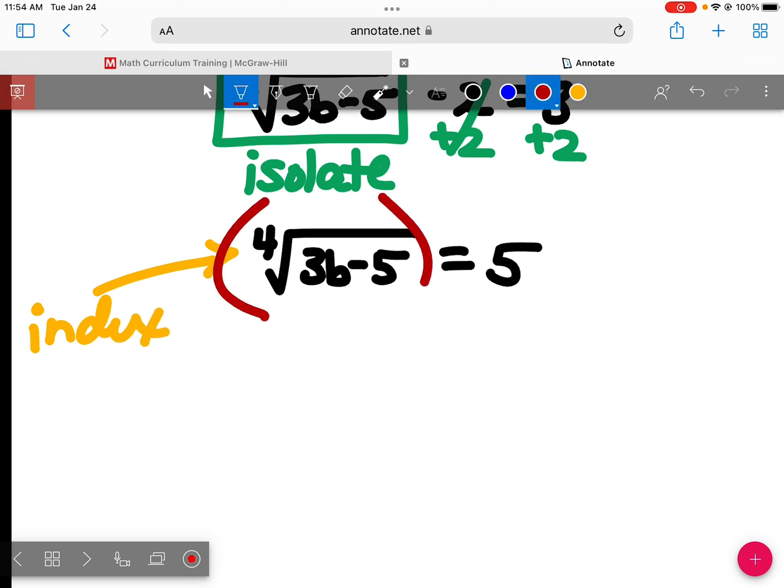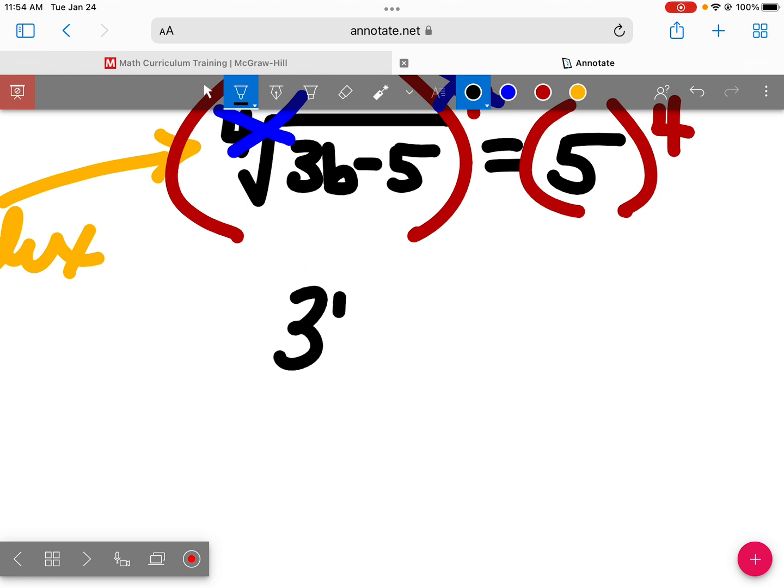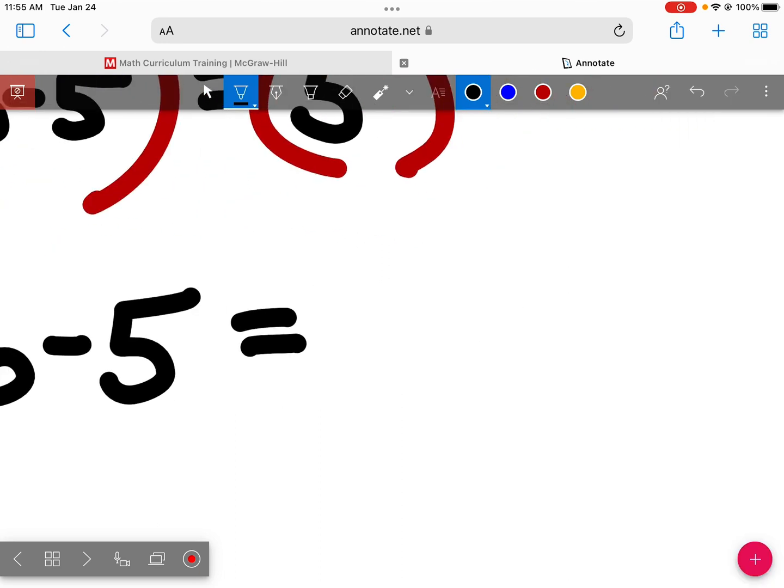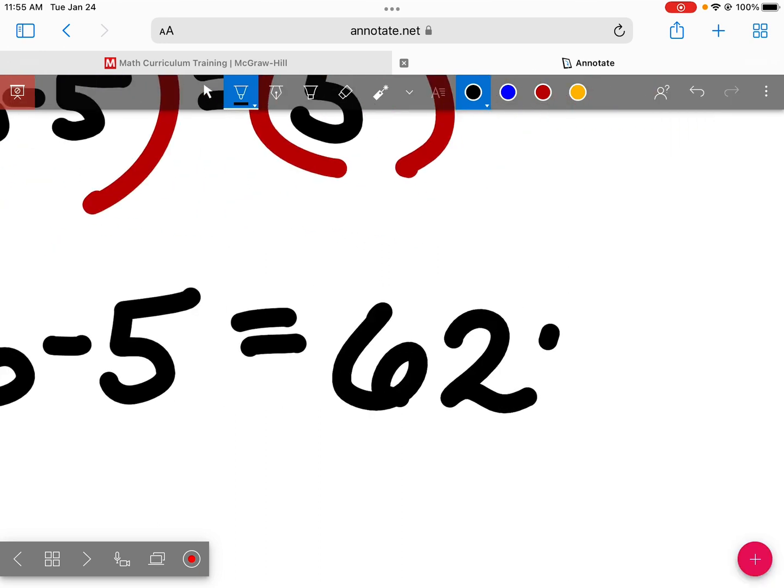So we're going to raise it to the 4th power, but if I do it to one side, I have to do it to the other side. On the left, my exponent of 4 and my 4th root cancel out. So I have 3b minus 5 equals, what do I get on the right-hand side? 625. I have 5 times 5 times 5 times 5.